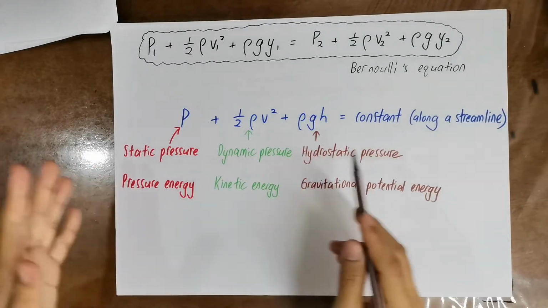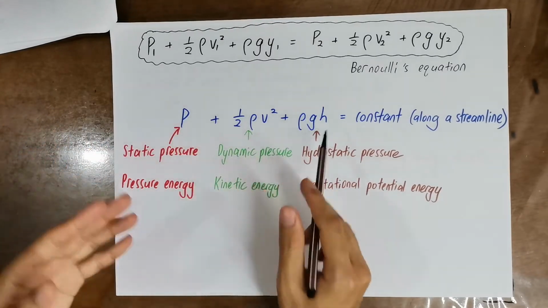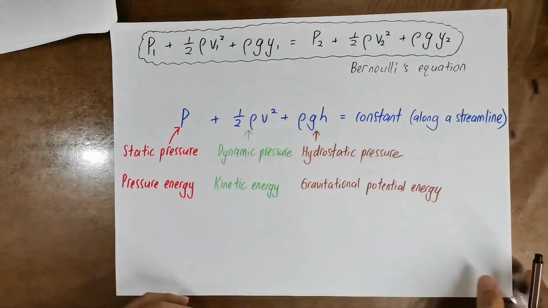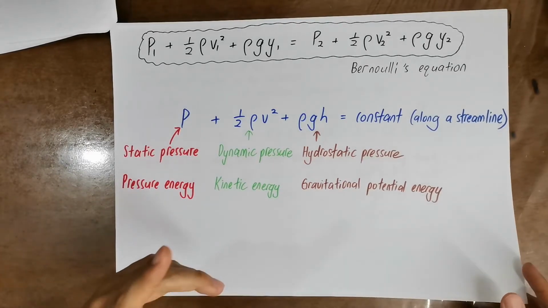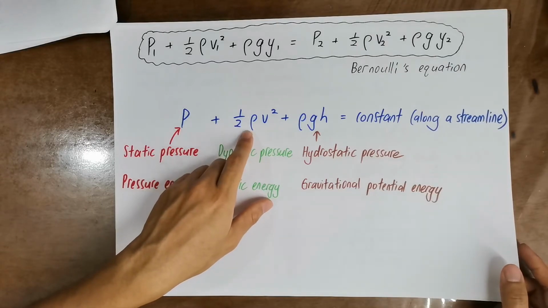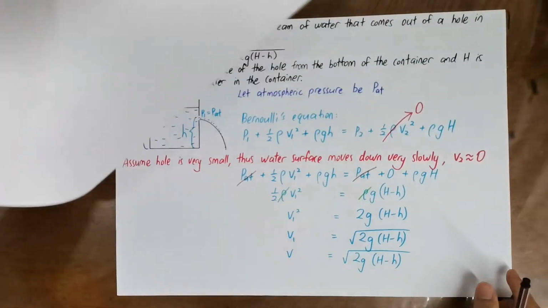Anyway, the sum of all the terms is a constant at any point in the fluid. And you have to assume that the fluid has a constant density because it is incompressible.